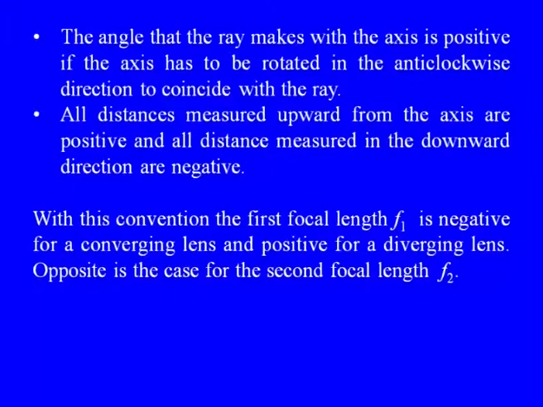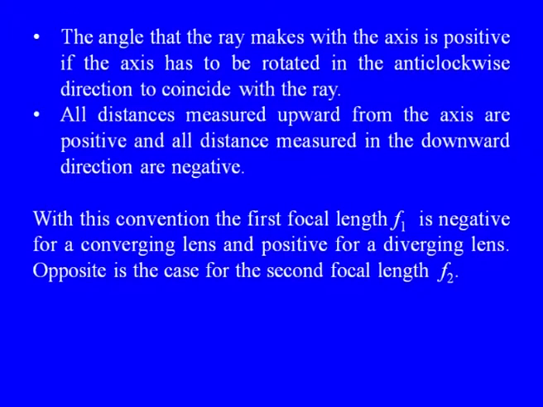usual coordinate geometry arrangement. The angle that the ray makes with the axis is positive if the axis has to be rotated in the anticlockwise direction to coincide with the ray, and all distances measured upward from the axis are positive and all distances measured in the downward direction are negative.